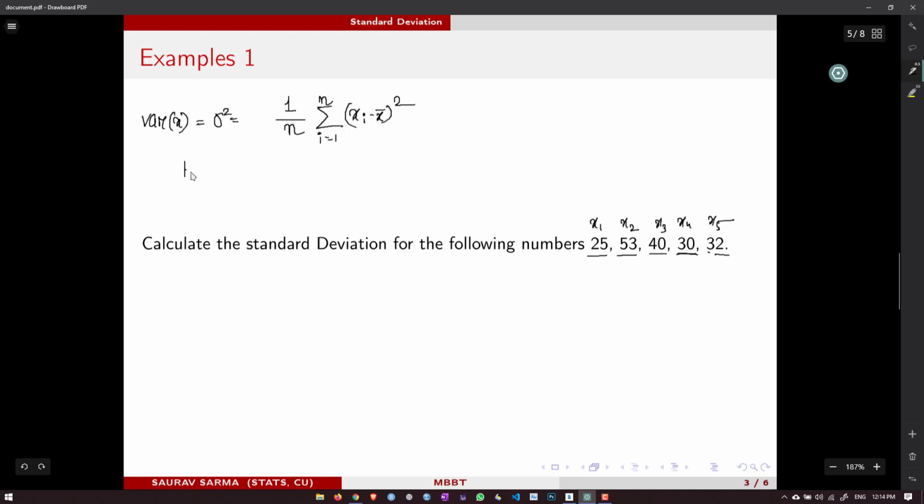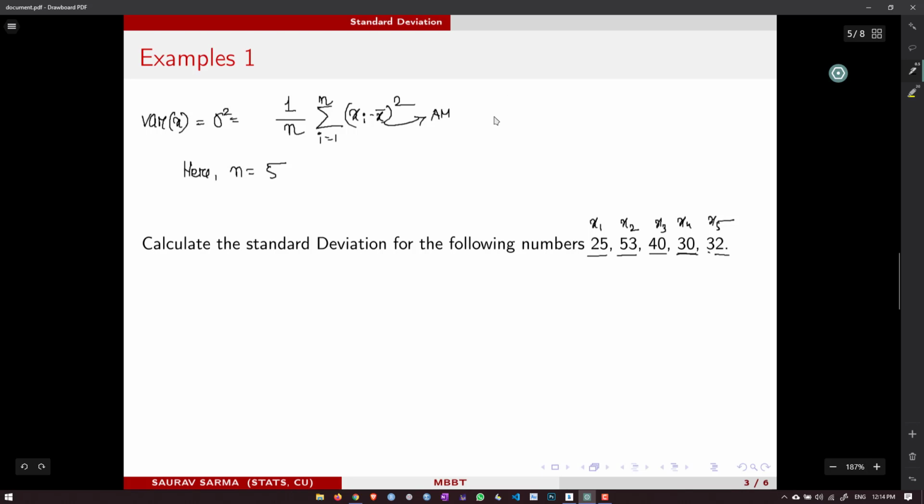So here n is 5, right? Because we have 5 observations. Now what is xi? xi is this x1, x2, x3, x4, x5. Every time the value of i changes, the value of x will also change, right? The only thing that we don't know so far is this x bar. Now what is x bar? It is the arithmetic mean.